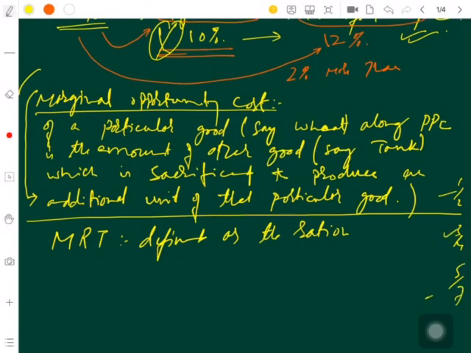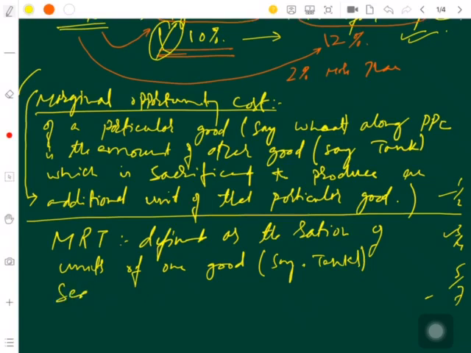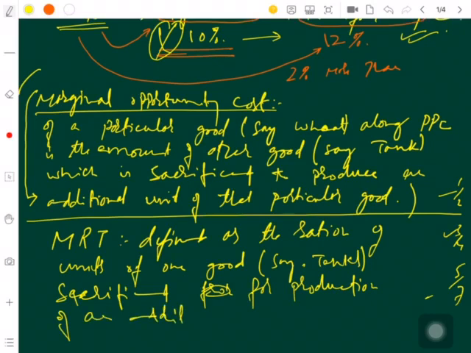It is the ratio of units of one good, say tanks, sacrificed for production of an additional, that is marginal, unit of other good, say wheat.